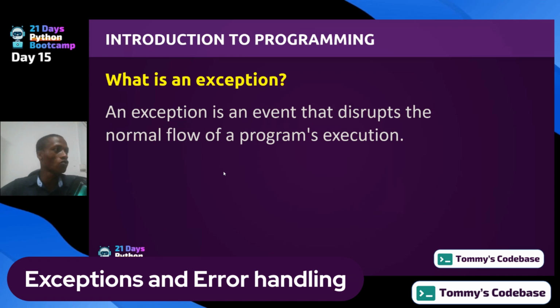So if you want to do the division, you have to convert it to an integer first, and you forget, and you try to use the string for the division, an exception will be raised. So that string going for the division will disrupt the program's execution, and what is called an exception will be raised. Think of it like the program will break, and then Python will try to tell you what is wrong. I think the code would explain it better.